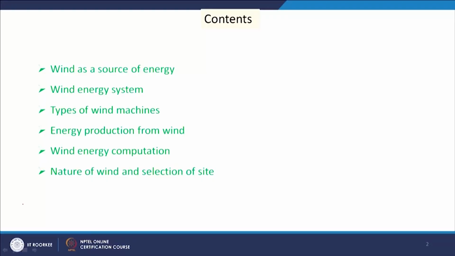In this class our content is wind as a source of energy, then the wind energy system. We will also discuss types of wind machines, energy production from wind, wind energy computation, and the nature of wind and selection of site.